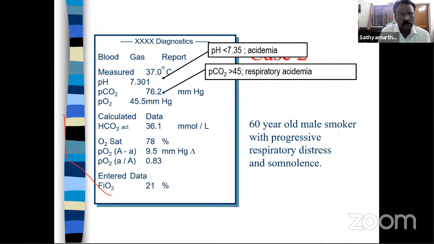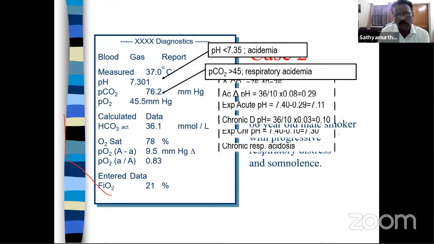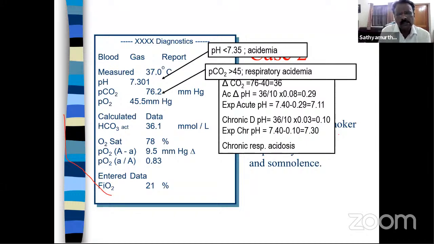I apply your delta pH formula for acute and chronic. So I'll do that now. Like I told, your PCO2 is taken as 40 as normal. Similarly, bicarbonate is taken as 24 as normal, and pH is 7.40. Now, what is the change in PCO2 here? 76 minus 40 is 36.